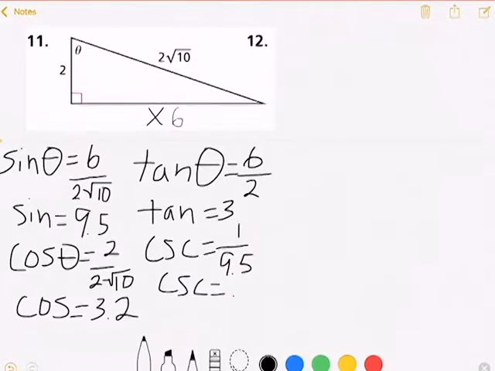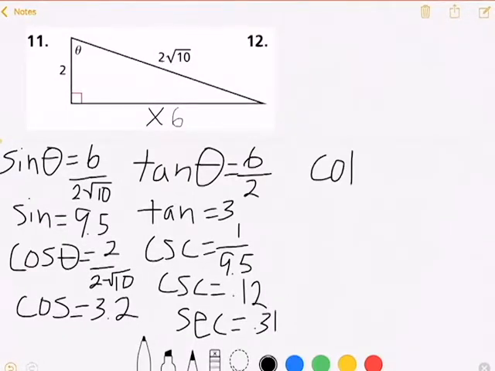Secant, once plugged in, is 0.31. And lastly, we have cotangent, which is just 0.33 repeating, and you can round that to 0.34 or however you would like. And then this triangle again is solved, and that is all there is to it.